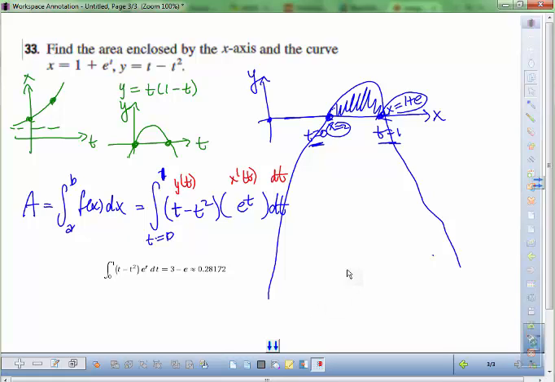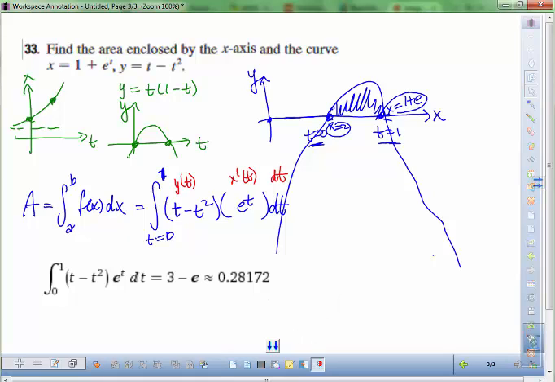So this is our integral, or this is our answer. This would be easy enough to do with integration by parts, right? It'll take like 3 steps of integration by parts. And you put 0 and 1 in.